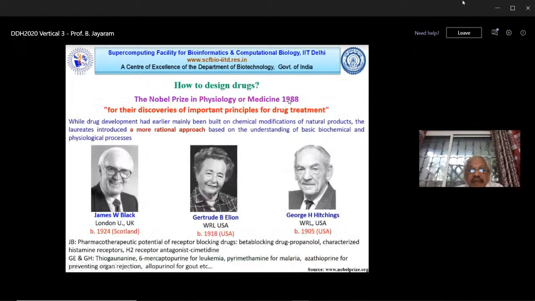So the question then is, well, these are all nice, good stories, and society is thankful to all these inventors. How do you design a drug? Well, that's what is captured in this Nobel citation here: you focus on the biochemical pathway, take a rational approach, take a basic biochemical physiological process. And today, of course, we are inspired by the structure.